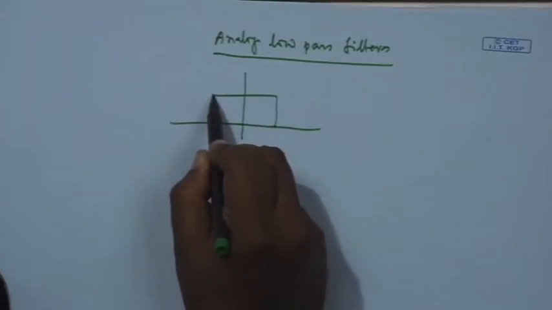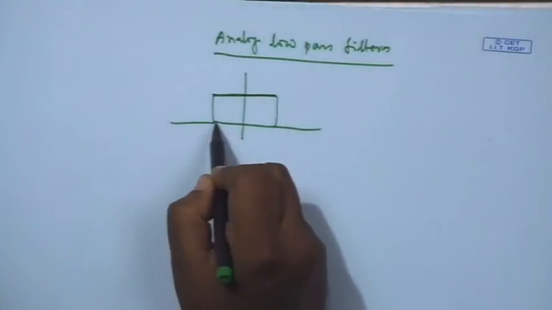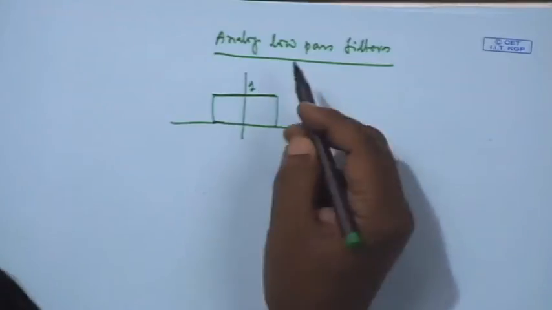Okay. And then, since it is a low pass filter, its magnitude response should be ideal, maybe some value 1 or anything.